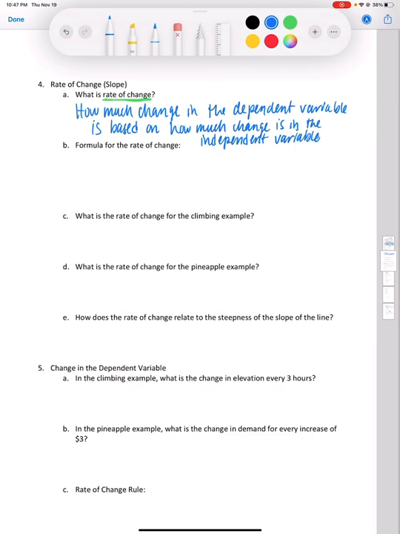Okay, so to repeat, how much change in the dependent variable is based on how much change is in the independent variable.